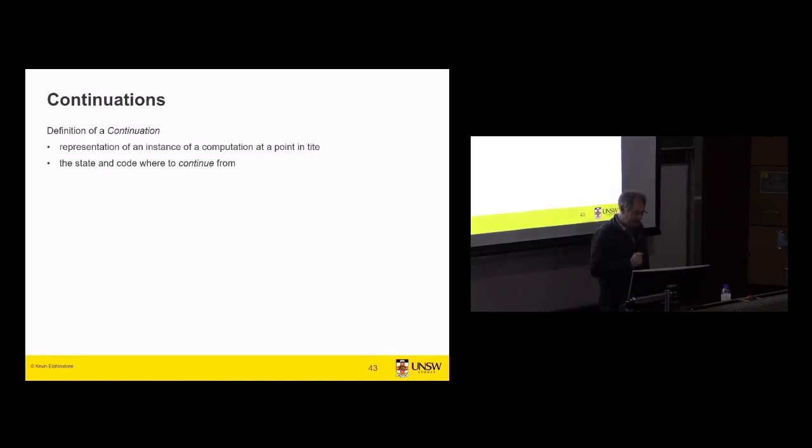So a continuation you can think of as a representation of the state of the system at a point in time, and also the state where you would like the code to continue from. Okay? So one thing you might call it is like I want to snapshot this point here in order to be able to transition to that point after I've done something. Okay? I'd like to continue from a particular point.